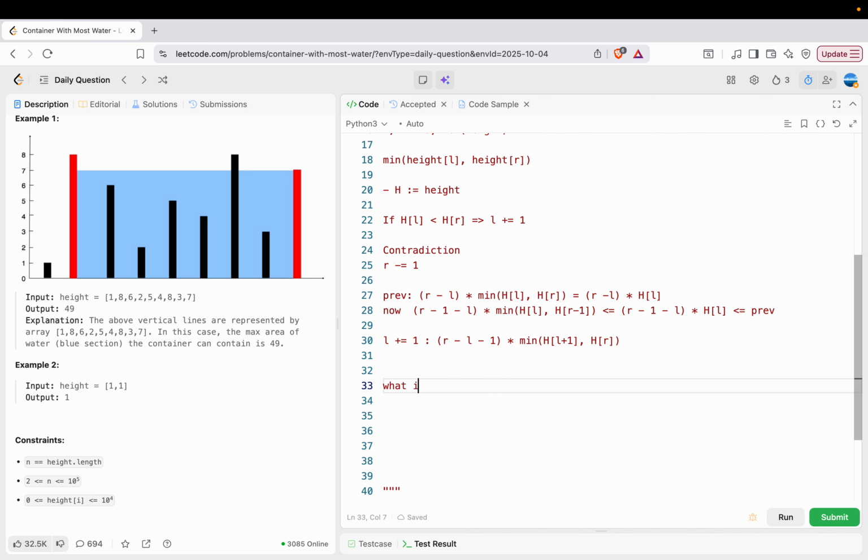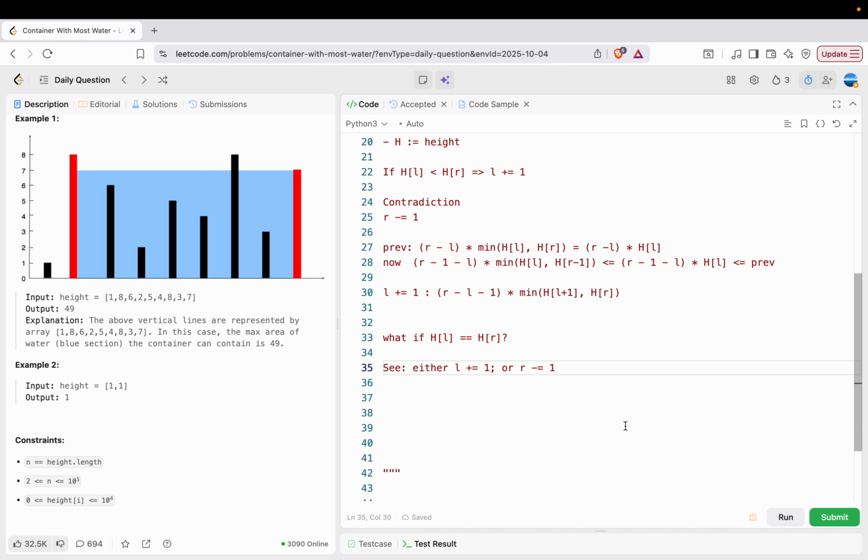So then you want to argue: what if HL equals HR? In this case, I would say you can do either L plus 1 or R minus 1. Why is this right? This is due to symmetry. The reason is that left and right are actually relative.